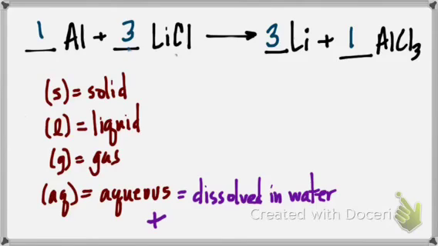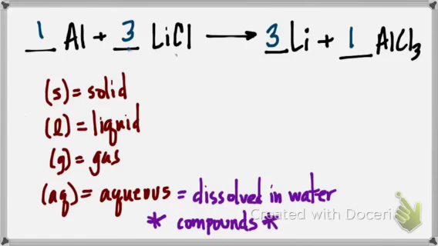That's not going to be the case forever, but it is going to be the case for the next couple of weeks until I can teach you more about the topic. Okay? So, if you see something that has 2 or more elements together, you're going to use aqueous as its state of matter.